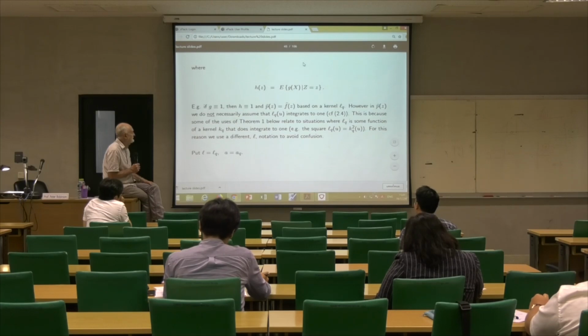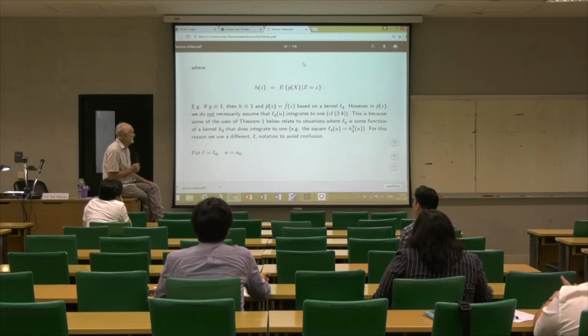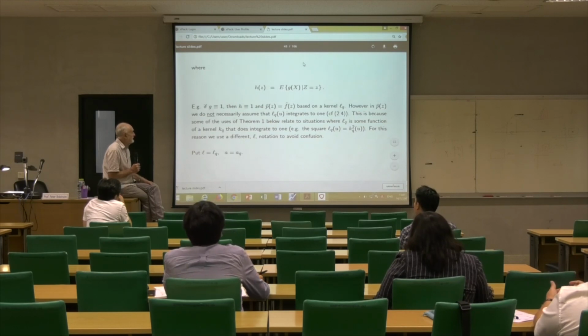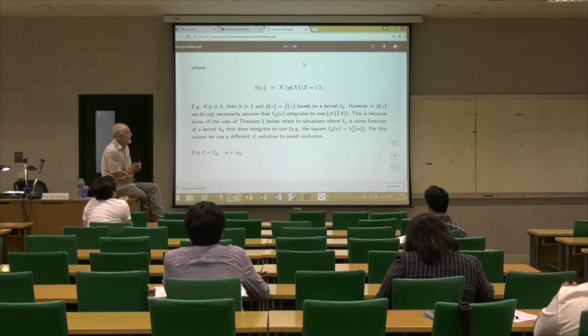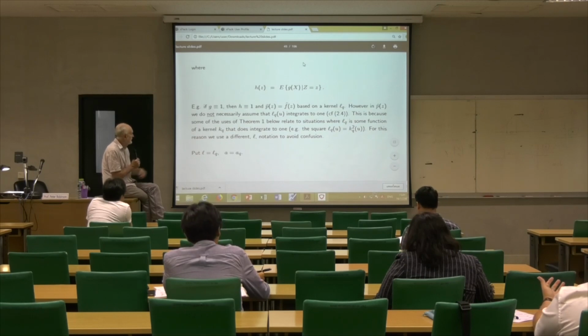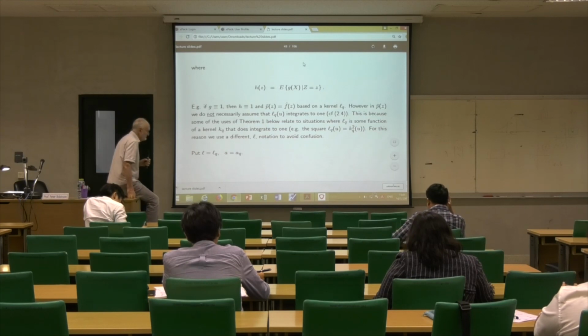This is because some of the uses of the theorem we're going to have relate to situations where L_Q is some function of a kernel, where the kernel integrates to 1. For example, sometimes L_Q is actually the square of K. So that's why I'm using a different notation. All right, but I'm going to suppress reference to Q and just write L for L_Q and A for the matrix A_Q.